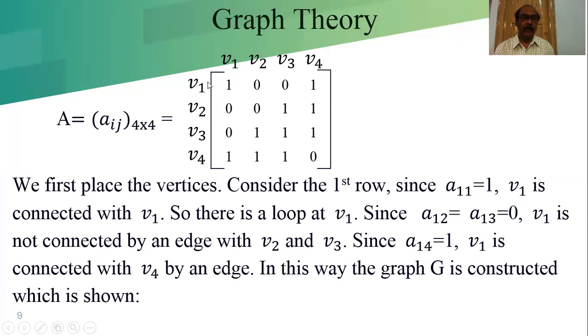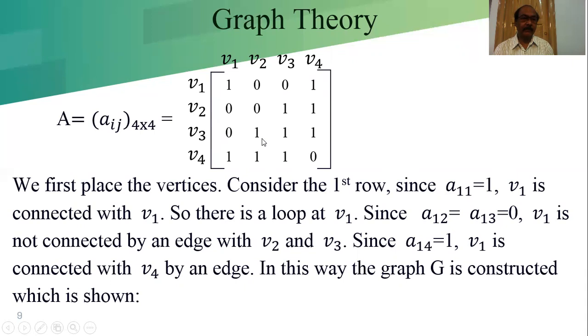A12 equals 0, A13 equals 0. That means there is no connection of V1 with vertices V2 and V3. Again A14 equals 1, that means V1 is connected to V4. Similarly, this way we can find out the connectivity.